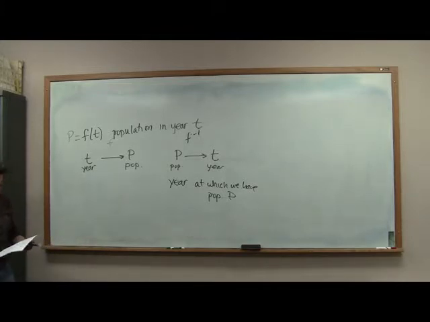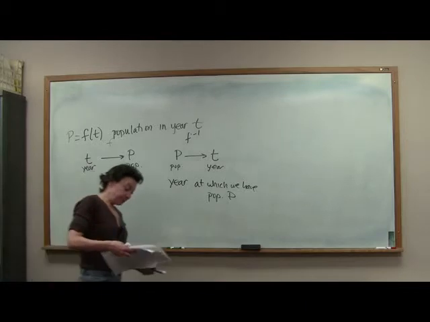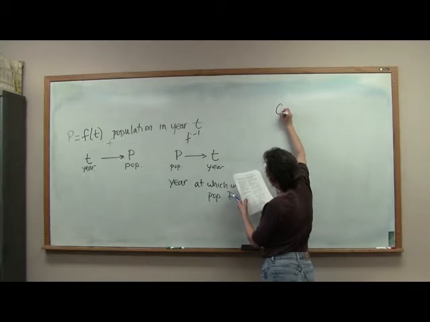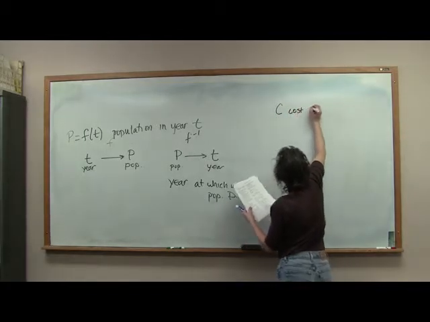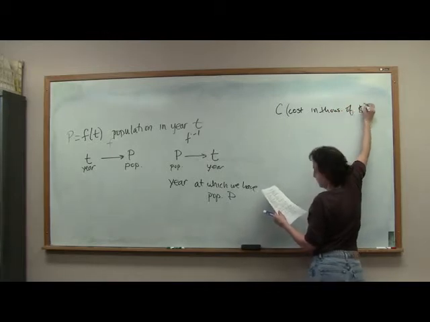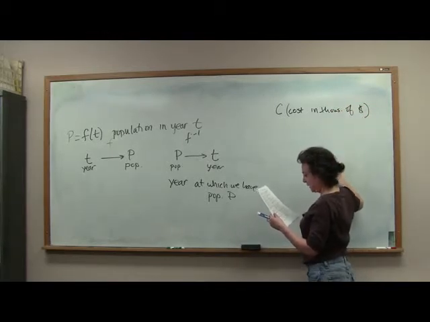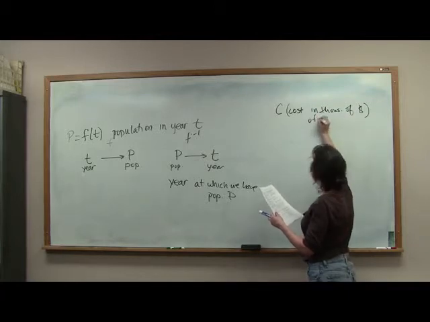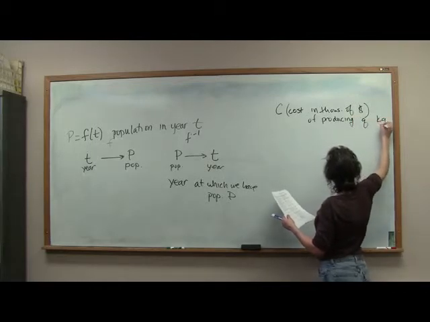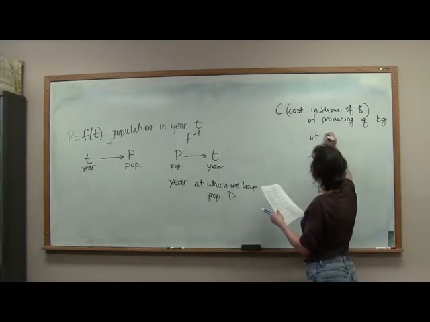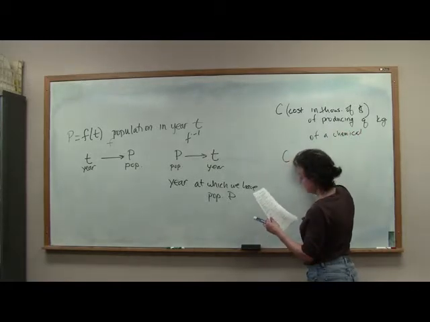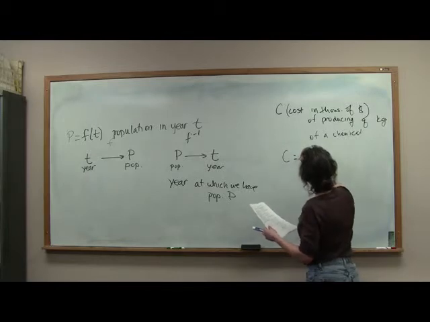All right, one more example of a word problem here. And this is as follows. The cost in thousands of dollars of producing Q kilograms of a chemical is given like this.